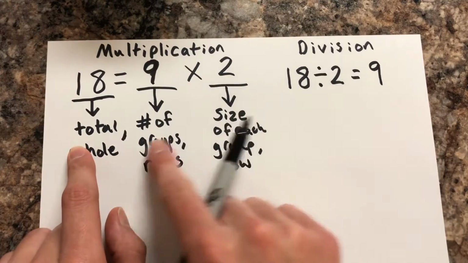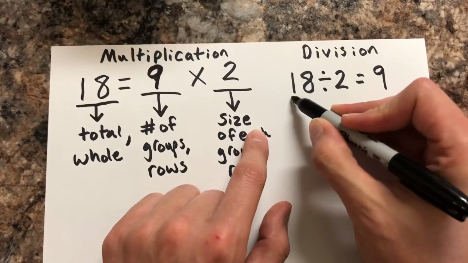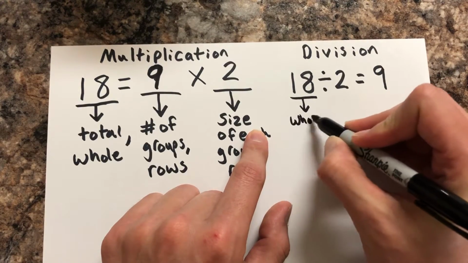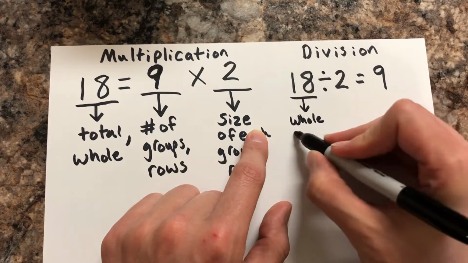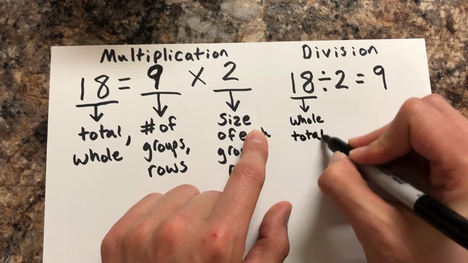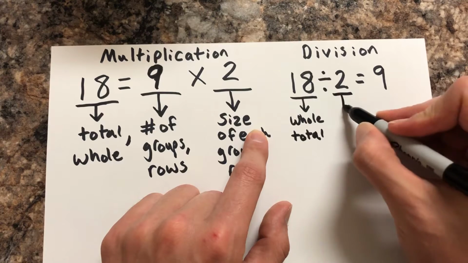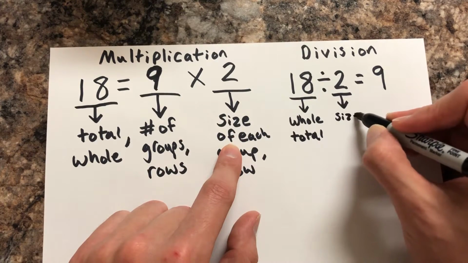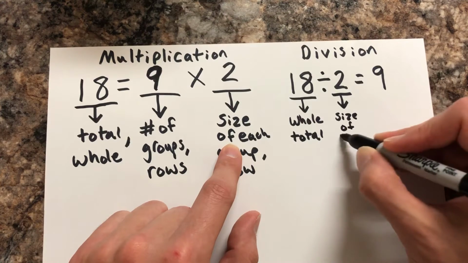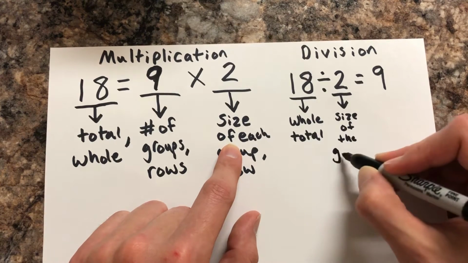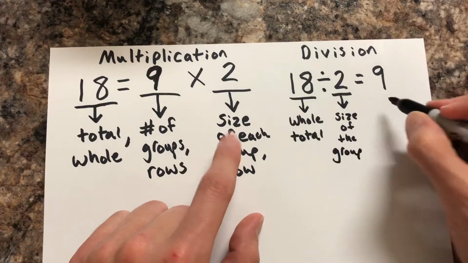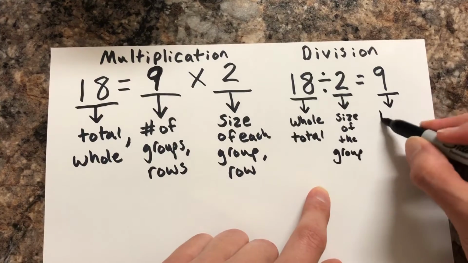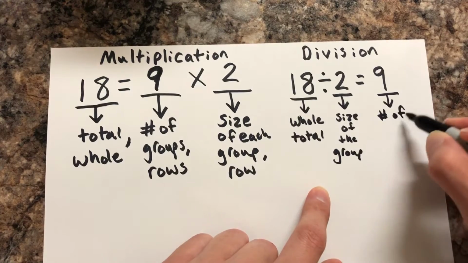The 18 still represents the whole thing, or the total. The 2 still represents the size of the group. And this 9 still tells me the number of groups.